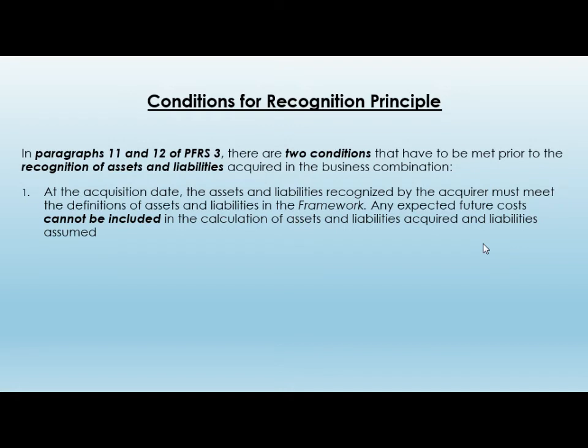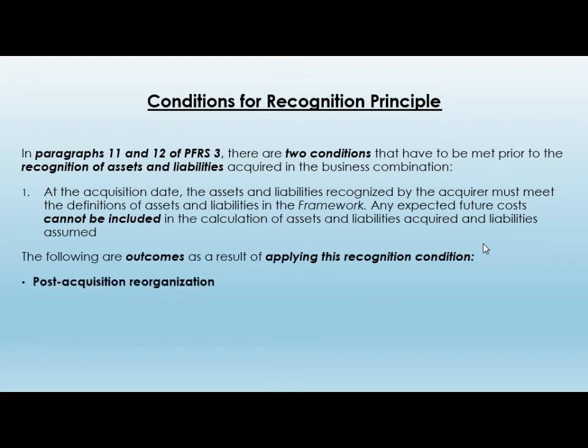Any expected future costs cannot be included in the calculation of assets acquired and liabilities assumed. So clear tayo doon. The following are outcomes as a result of applying this recognition condition: post-acquisition reorganization, then unrecognized assets and liabilities.